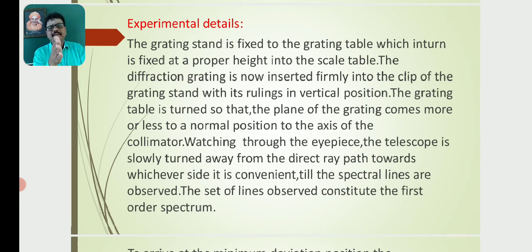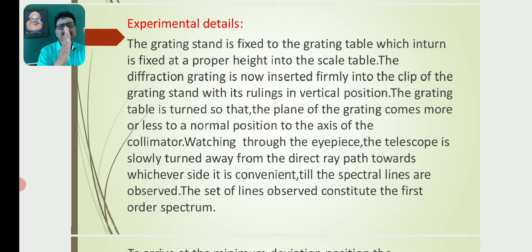When the grating is placed normal to the collimator, you turn the telescope either left or right, whatever you want, till we get the spectral lines in the field of view. We get a set of lines, a set of colors observed, and that constitutes the first order spectrum.